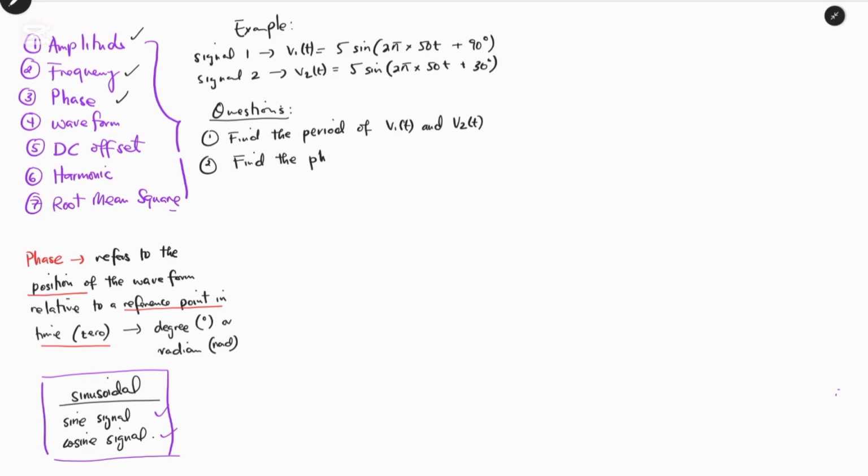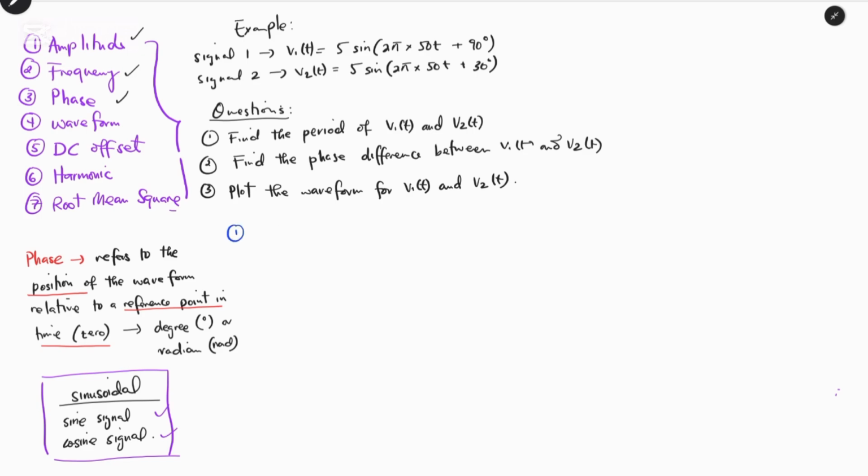Find the phase difference between V1(t) and V2(t). And 3. Plot the waveform for V1(t) and V2(t). These are the questions you need to solve.